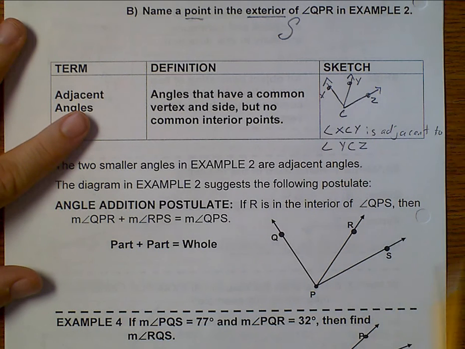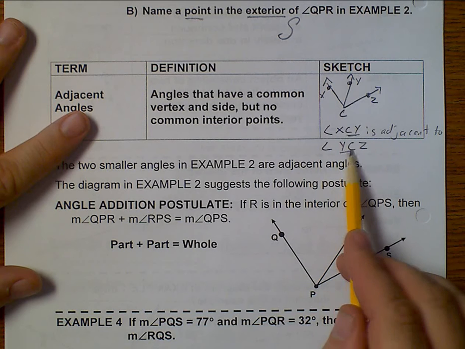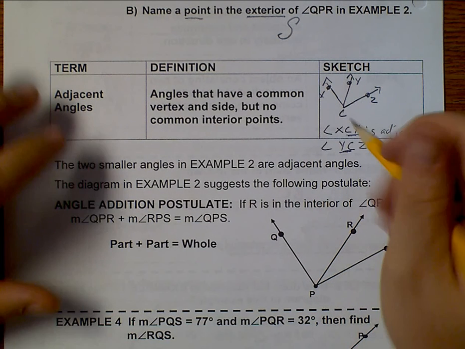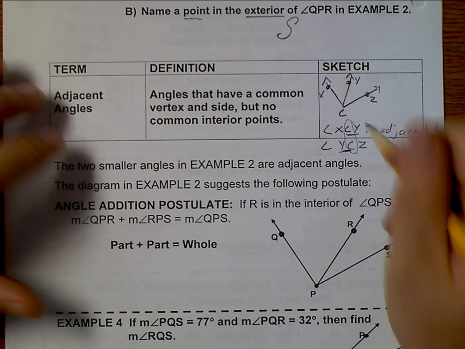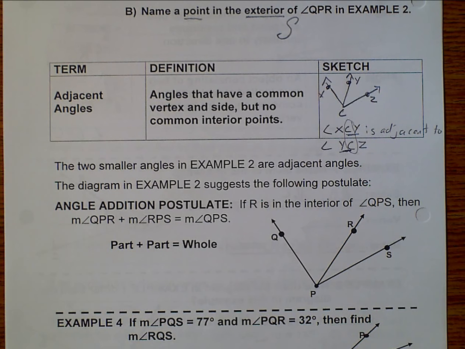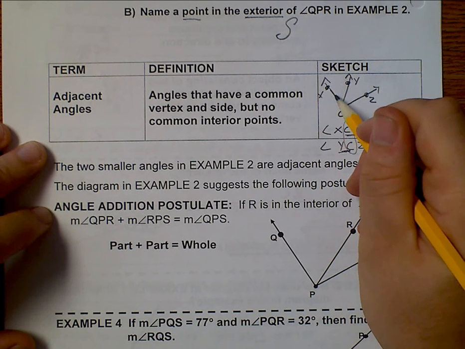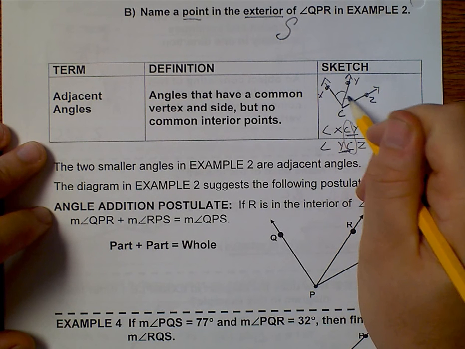Notice they both share Y and C as a side, and they both share C as their vertex. So this angle would be adjacent to the angle.